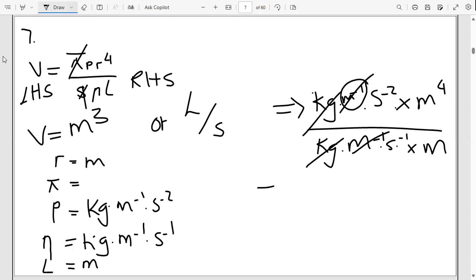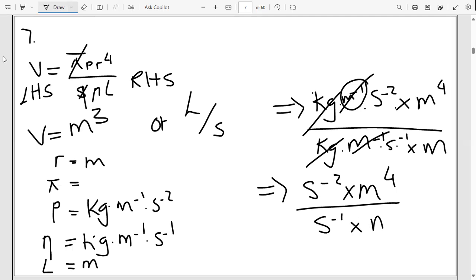That means at the top, what am I remaining with? I'm remaining with second to the power 2 multiplied by meter to the power 4, divided by second to the power 1 divided by m.